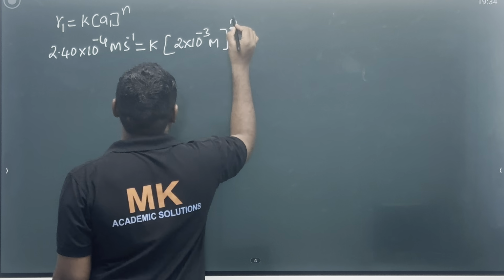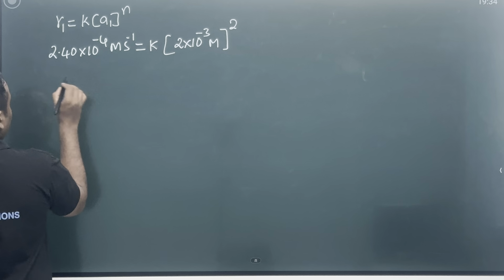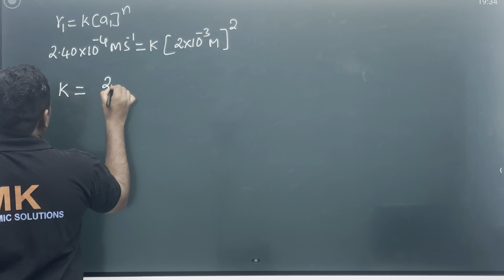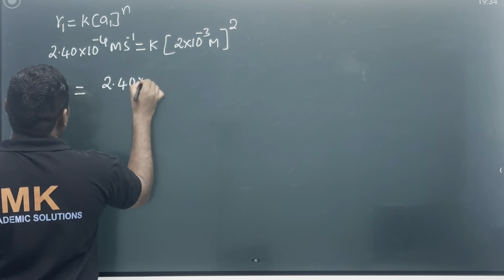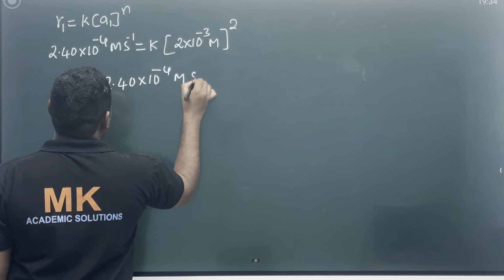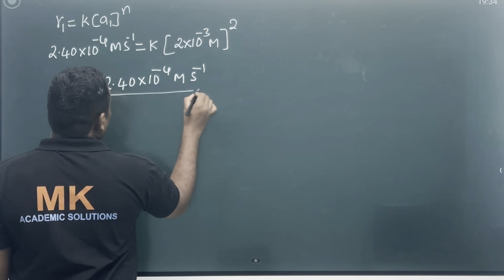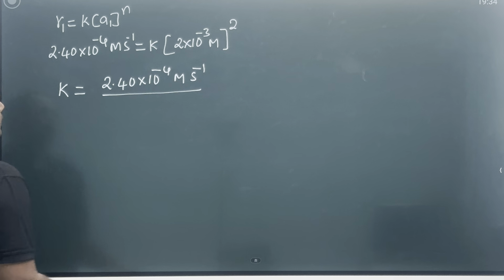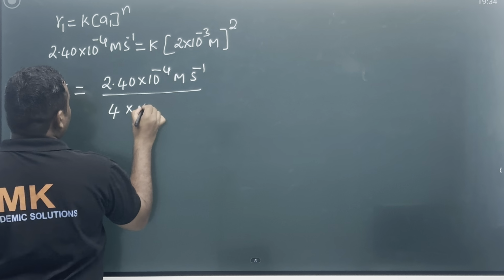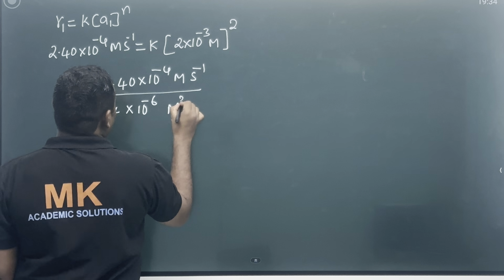We know the order of the reaction, that is 2. Therefore k is equal to 2.40 into 10 power minus 4 molar per second, by 2 square into 10 power minus 6, you will get moles square.